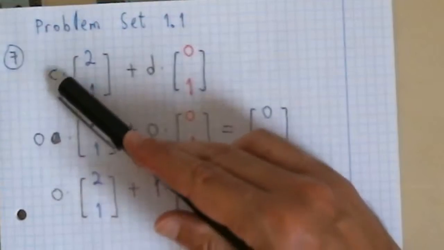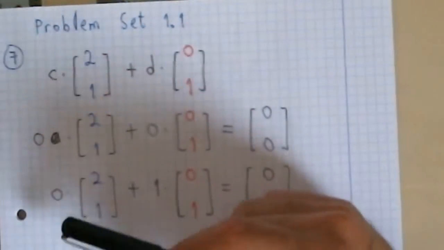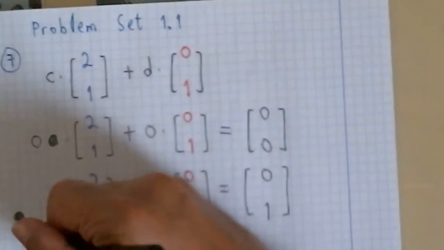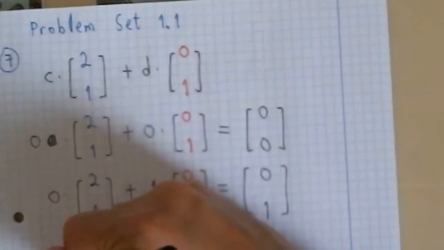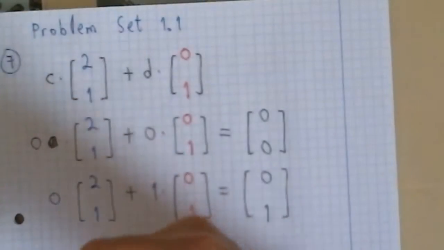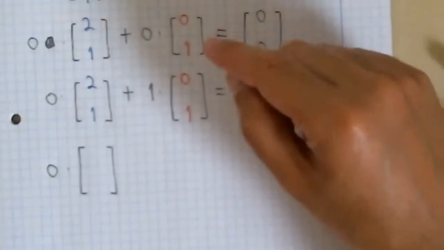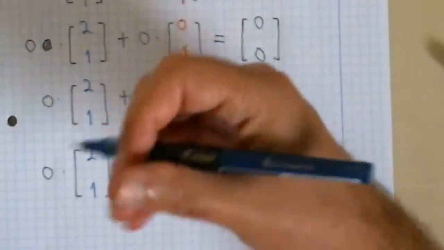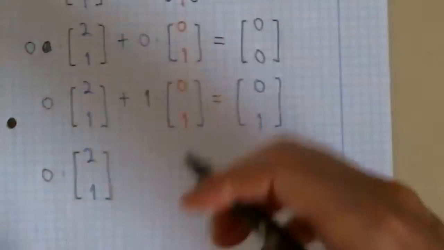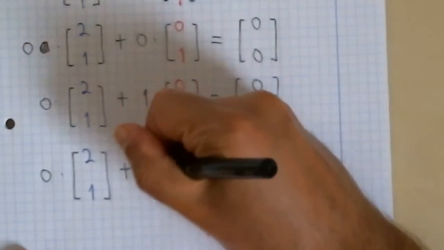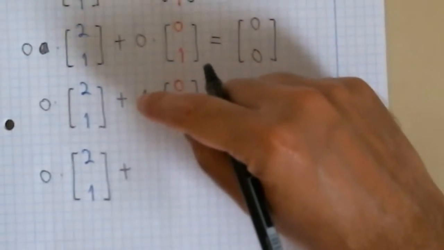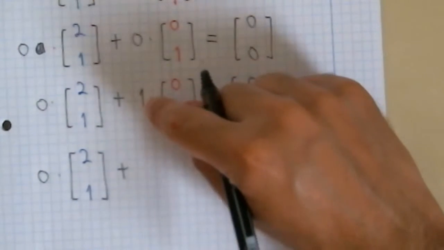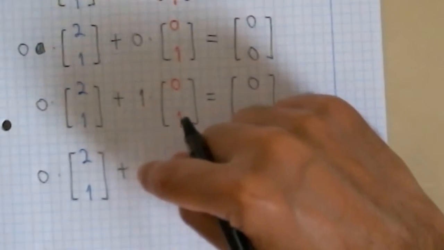combination with C equals 0, so it's 0 times the blue vector. The vectors don't change in this question, they stay the same all the time, but the parameter D now, we tried with 0, we tried with 1, now we try with 2.